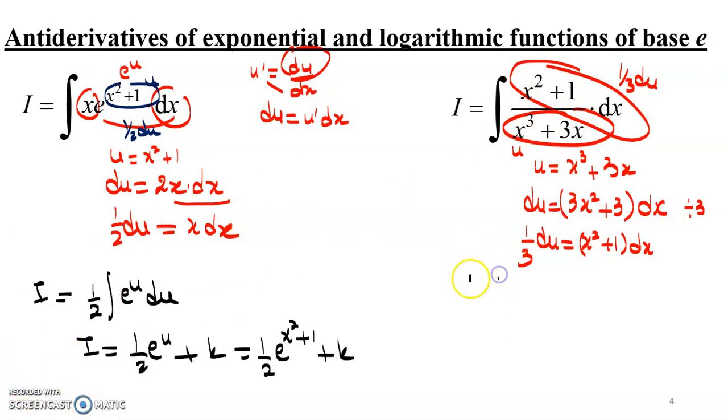So I do check for it there in order to check if the substitution method works, and it does in fact work. So over here, that would leave me with 1/3 the integral of 1 over u times du.